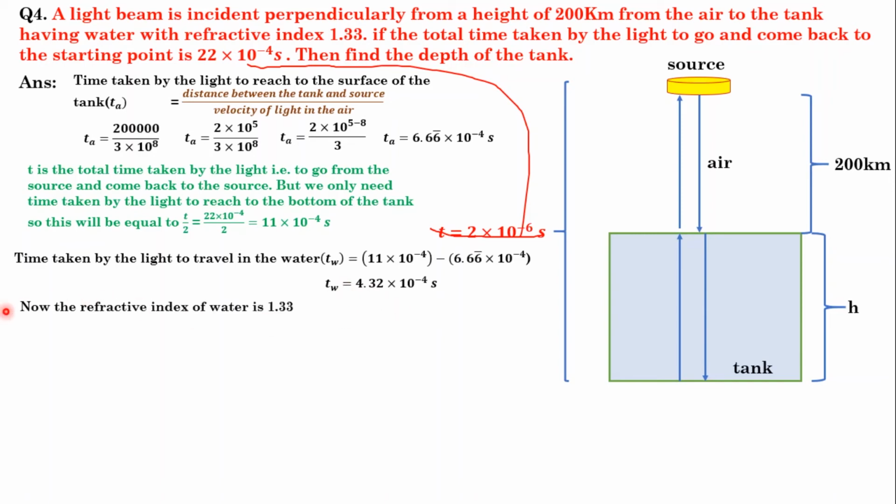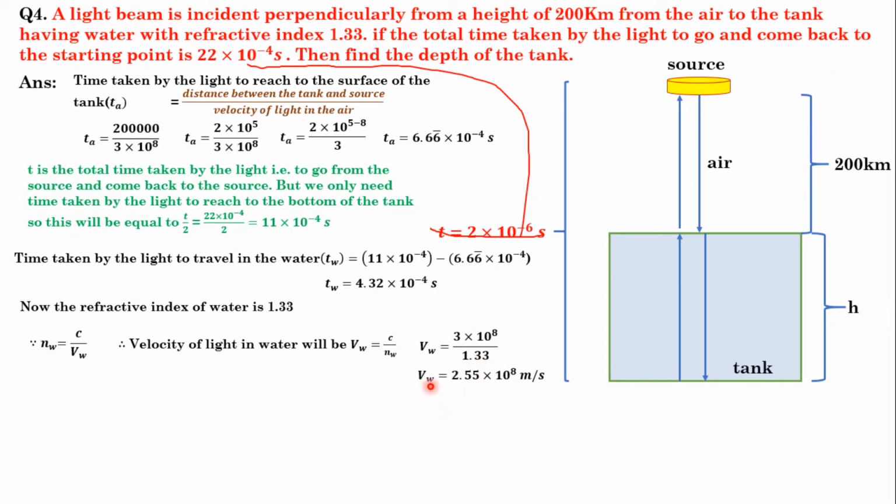Now the refractive index of water, we know that this is 1.33. The formula for refractive index is C by velocity of light in water. So from here, we can calculate the velocity of light in water. Velocity of light in water will be C by the refractive index of water. So this is 3 into 10 to the power 8 divided by this refractive index.